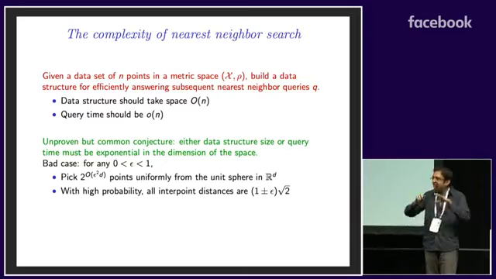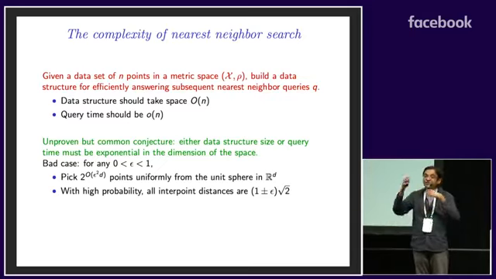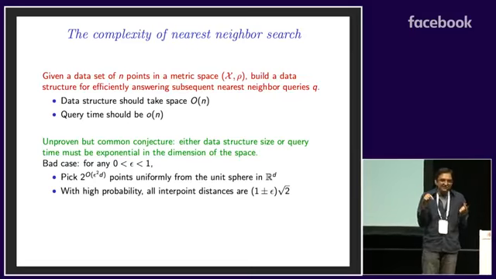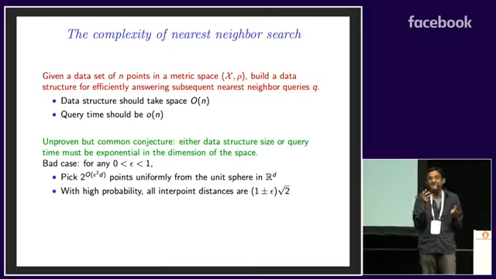So now you get exponentially many points, 2 to the d points, that are all almost exactly the same distance from each other. And you have another point that's of this type, and you want to find which one's the closest one. And they're all almost exactly the same distance. It seems like there isn't an easy way to pick out the closest one.